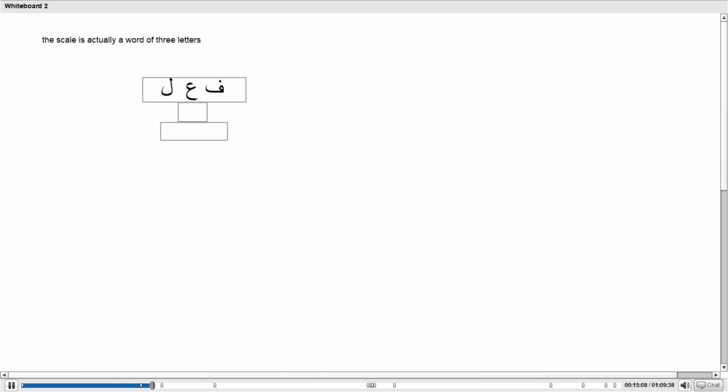Some of you don't understand yet. So this is what we're going to use to form words. How will it work? I will show you, insha'Allah ta'ala.